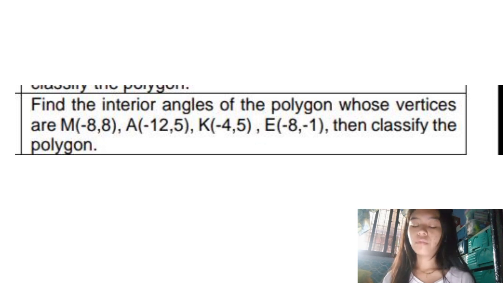For this problem, we're going to find the slopes first, and then the angles between them to identify its type of polygon.